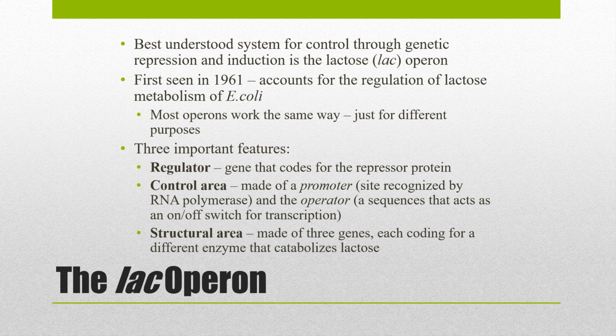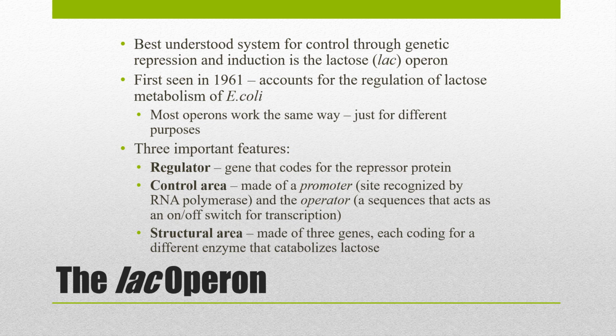That third part is going to be a structural area. This is going to be made of three genes that code for, and if they go through transcription and translation, these genes are going to make enzymes that are able to break down lactose. And there's an image on the next slide.